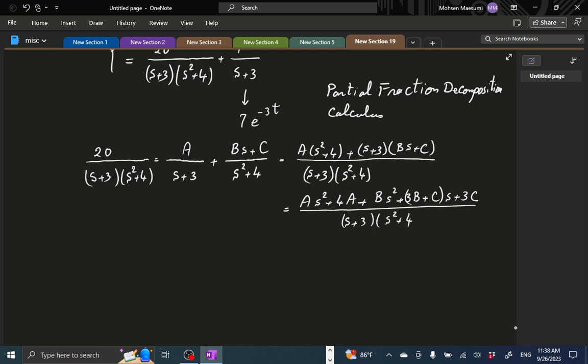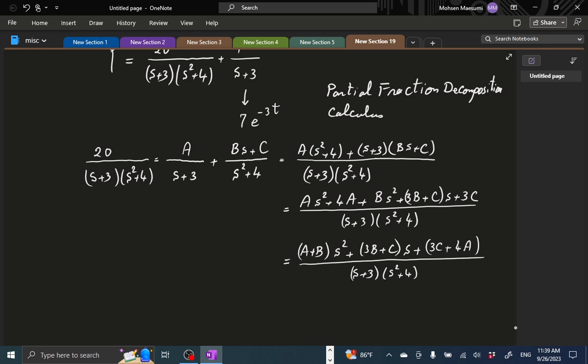Now we collect similar terms. So I have A plus B times s squared, plus 3B plus C times s, and then what's left is 3C plus 4A, divided by the same denominator. So perhaps we can just write the denominator and not repeat it.